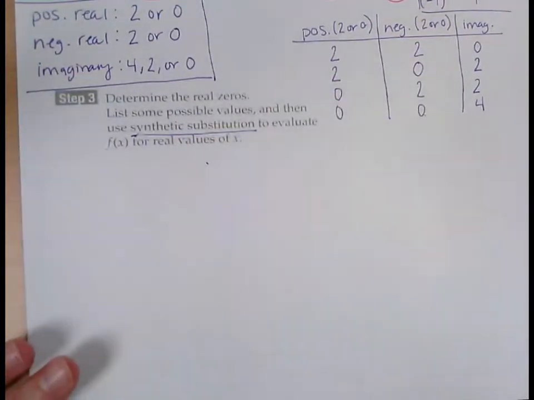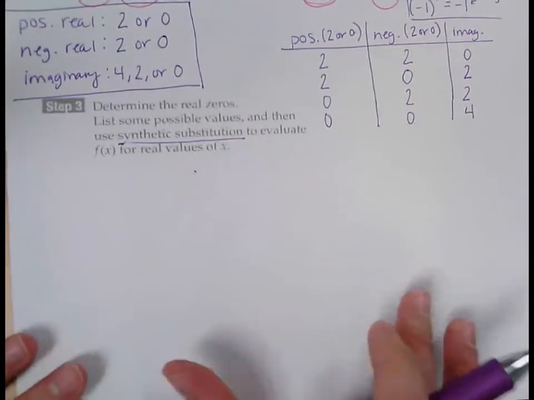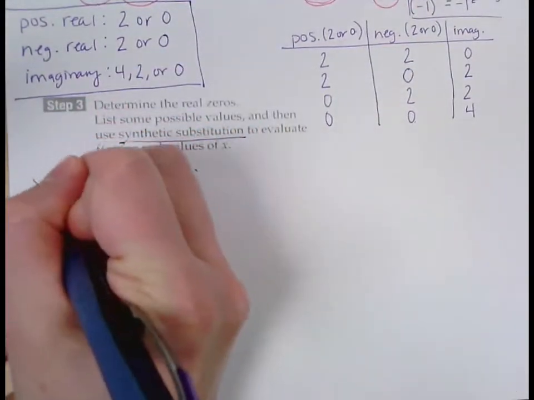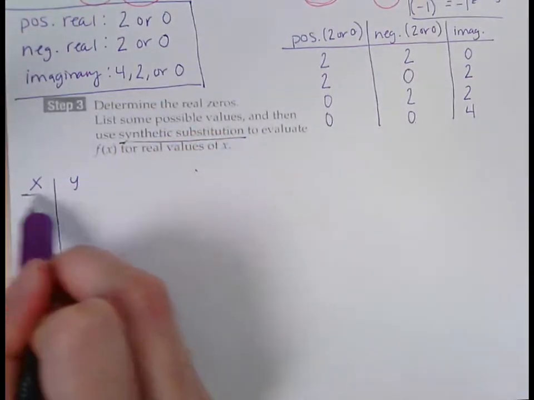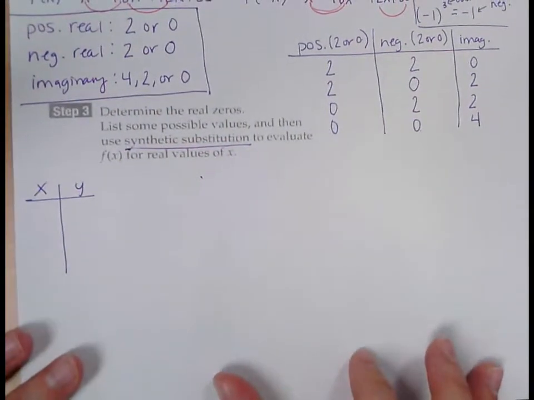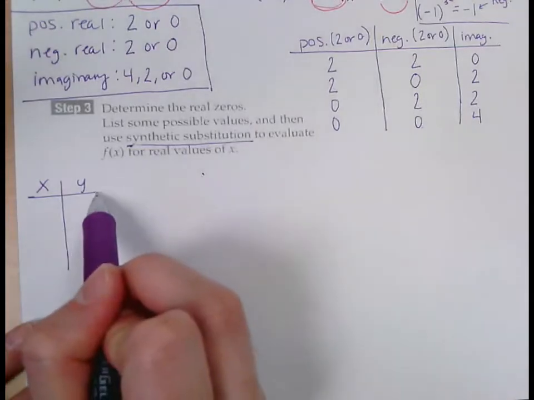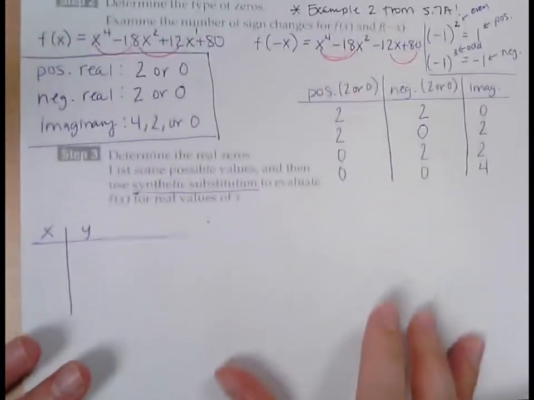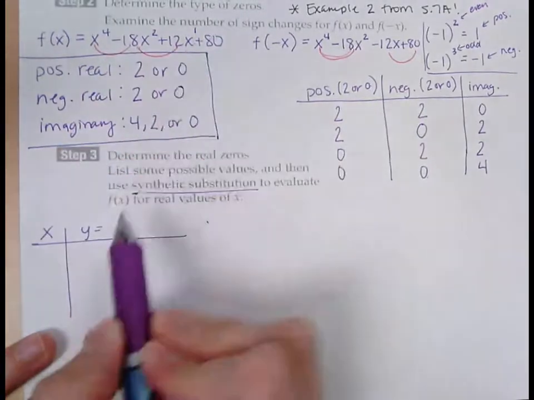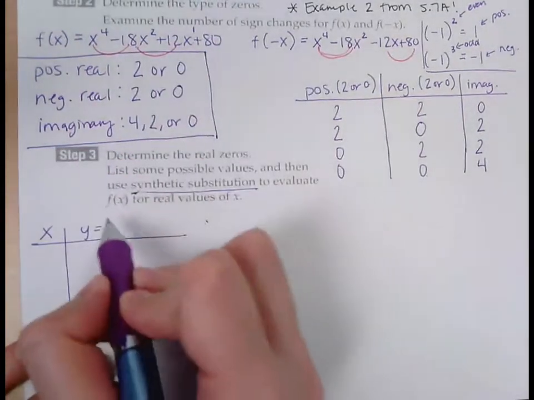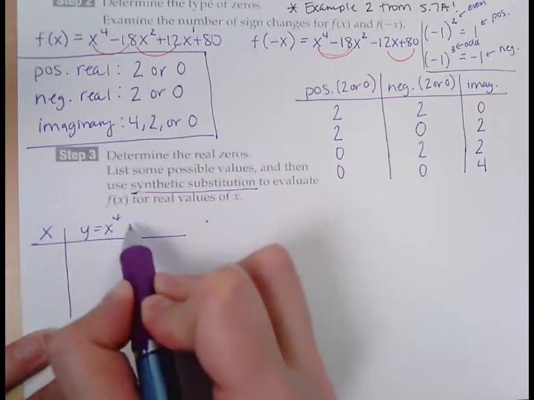So how we're going to start out is make a table. And I'm actually going to include, again, so I don't have to keep moving my sheet, so you don't have to do this, I'm just going to write what our function is, again, so I can move my sheet up and not keep looking back and forth.